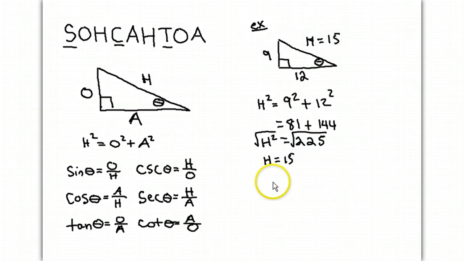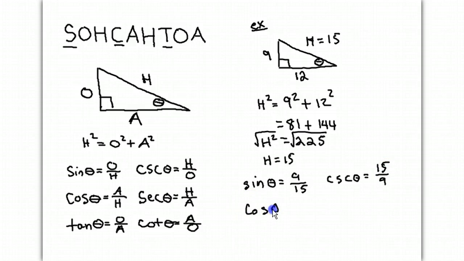Now if we want to find the 6 trig functions, all we do here is we plug them in. So sine of theta will be O over H, which will be 9 over 15. And when you flip that, you get what's called a cosecant of theta, which is 15 over 9. Cosine of theta will be the A over H, which would be 12 over 15.